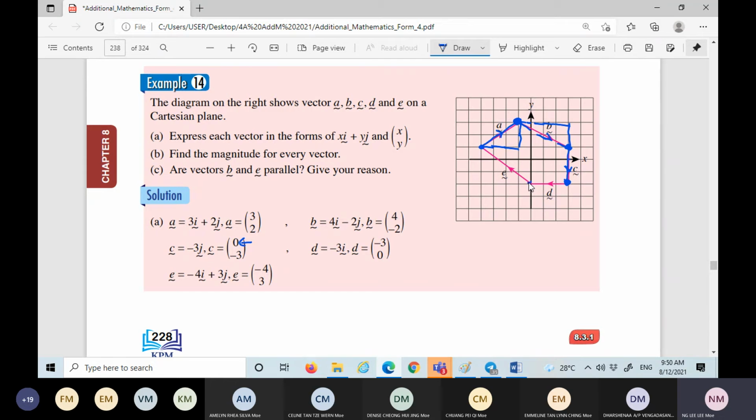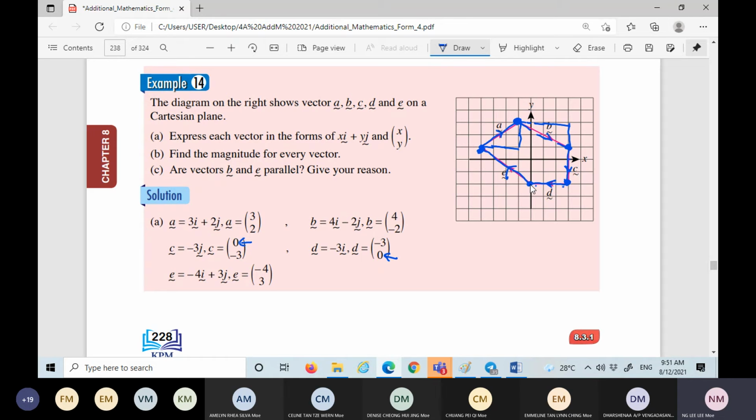Now we go to D. D is from here to here. Go to the left. Going left is negative, 1, 2, 3. Negative 3i. And then how about the j part? Go up or down or not? No. So 0 for the j part. Last, for E, from here come to here.